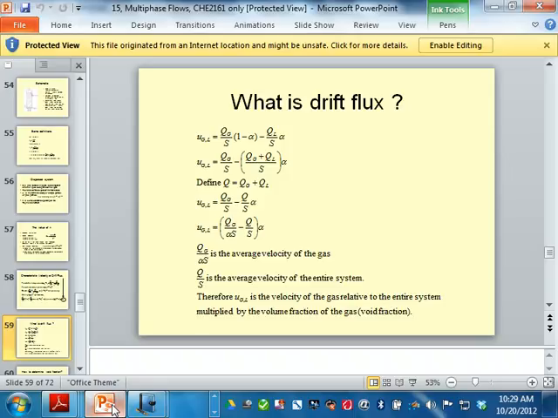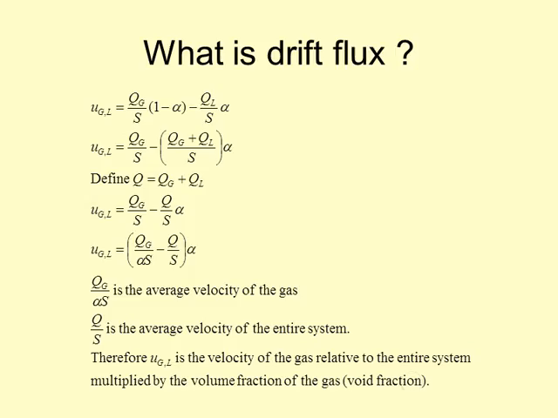From here to here, this QG over S is here, minus alpha, move to this side. So it's minus QG plus QL over S, alpha. QG plus QL, that's the total Q. Q over S. So it's actually QG over S multiplied by Q over S.